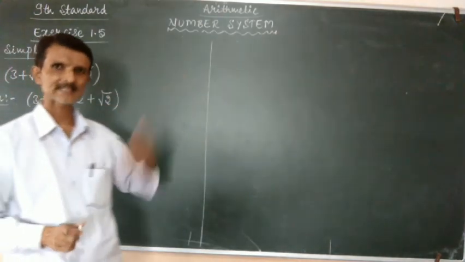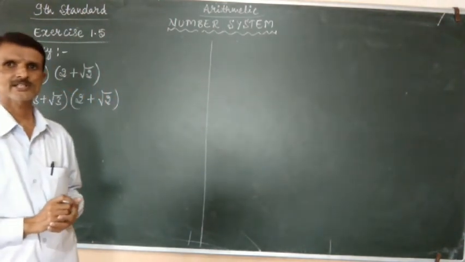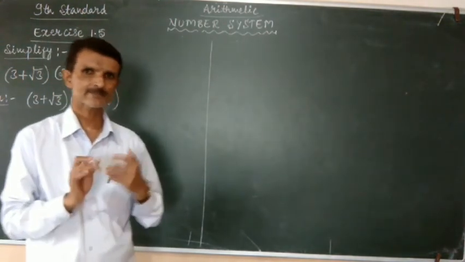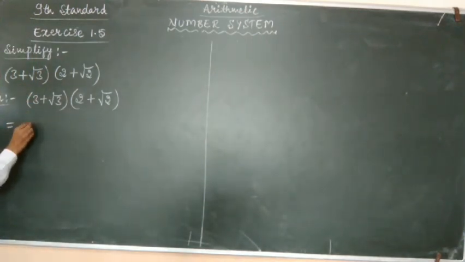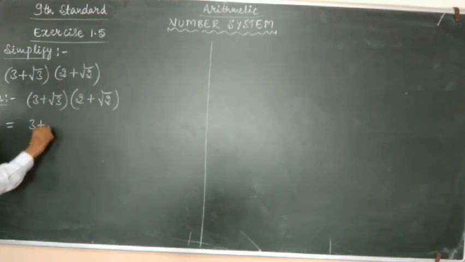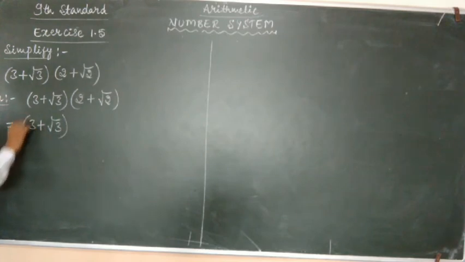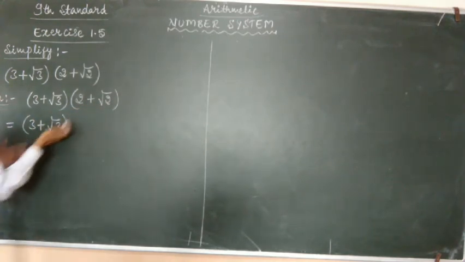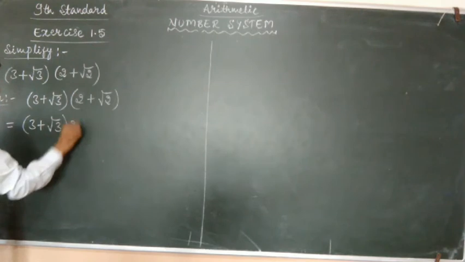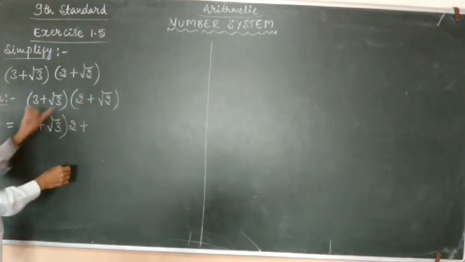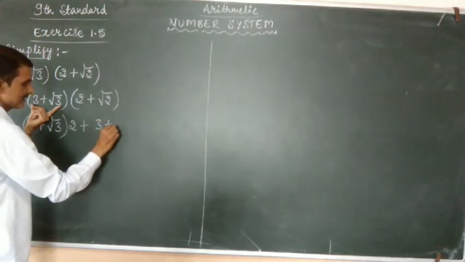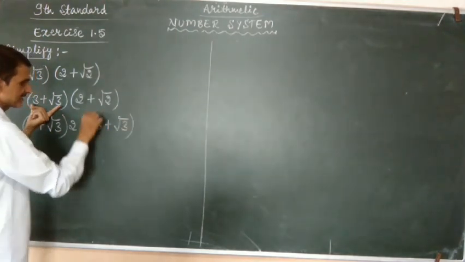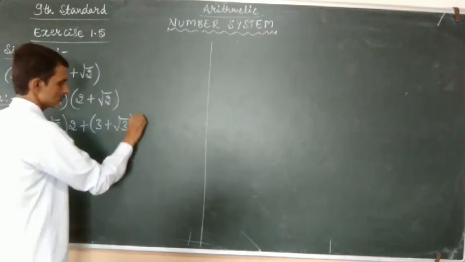Using that 8th standard knowledge, we will write 3 plus root 3 as it is, multiplied by first 2 plus. Once again write down the first binomial, 3 plus root 3 as it is, into root 2.